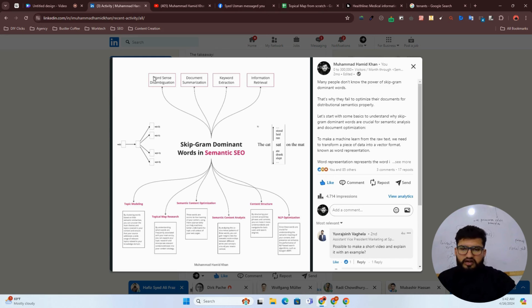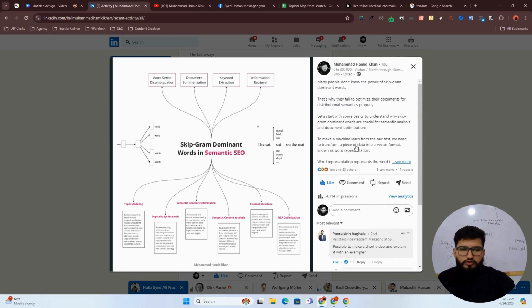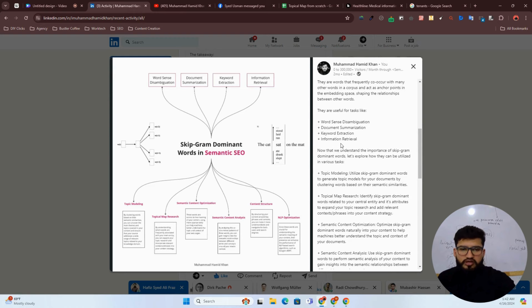So basically they are used for word sense disambiguation, document summarization, keyword extraction, information retrieval, and more. If you want to read more in detail, read my post, and you're going to enjoy it definitely.